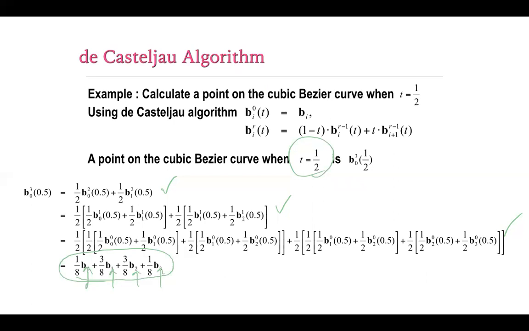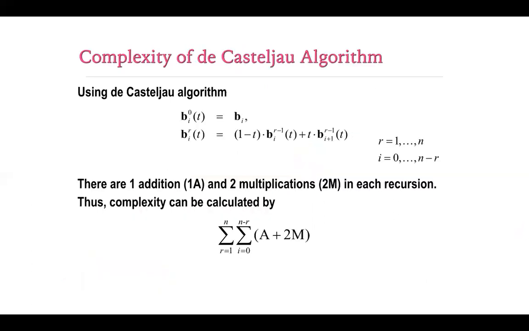Okay, so it's clear. And then, if you know the Casteljau algorithm, the next thing that you may have to know is the efficiency of this algorithm. In order to find the efficiency, you have to find the complexity of the Casteljau algorithm. To do that, we can use the technique of counting the number of additions and multiplications.